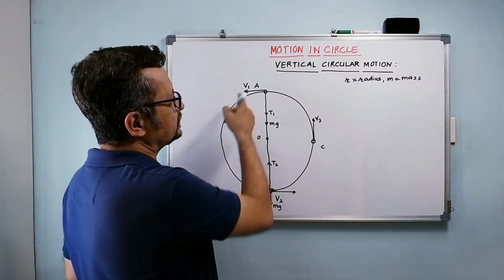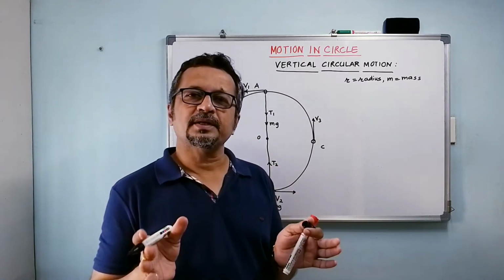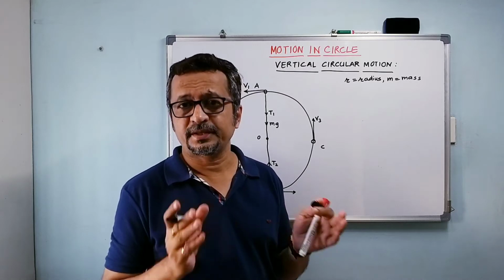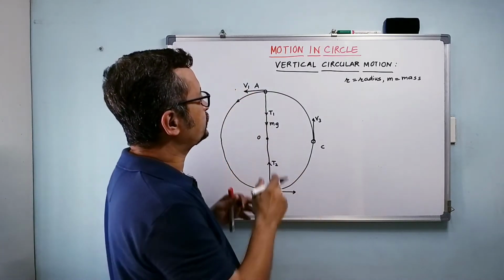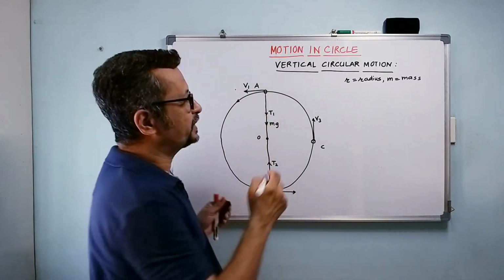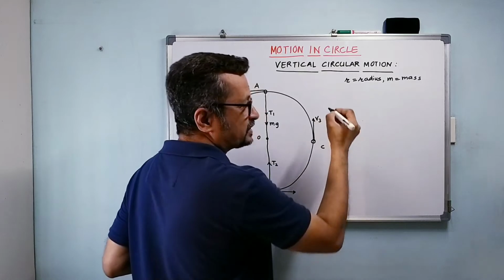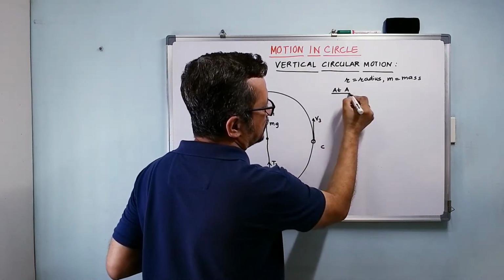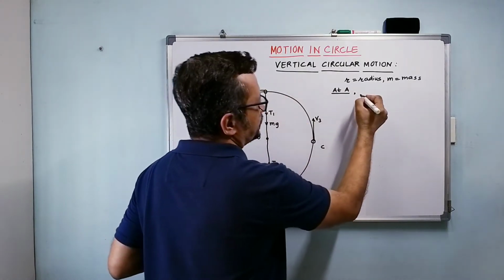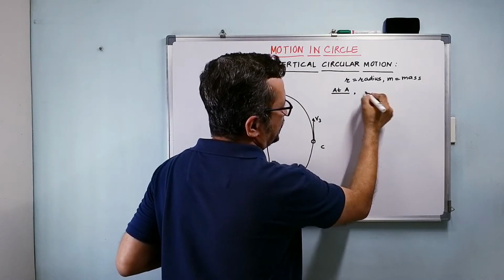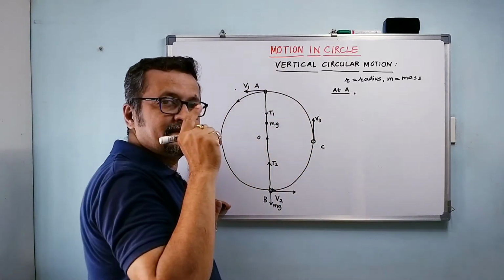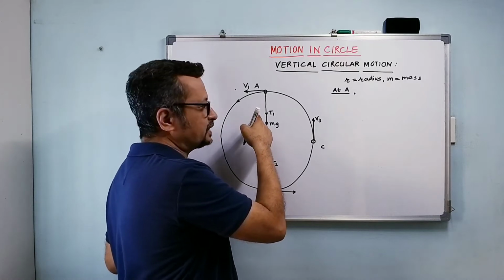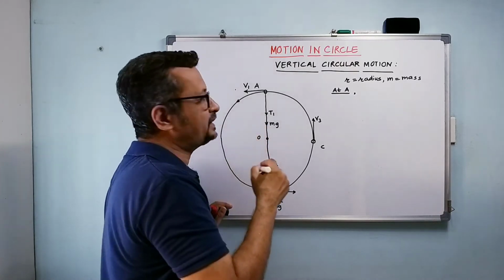Correct? Now, since it is performing circular motion, there has to be a certain centripetal force. So the centripetal force at point A is going to be mv1 square upon r. That centripetal force will be equal to the sum of tension and the weight.